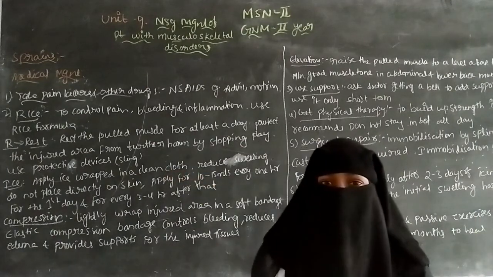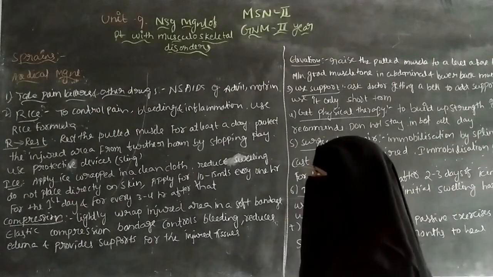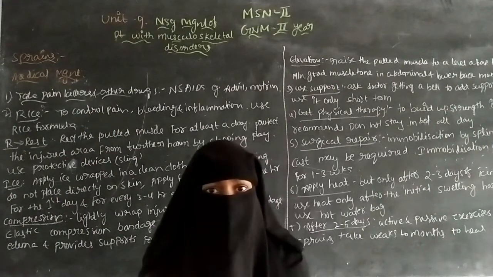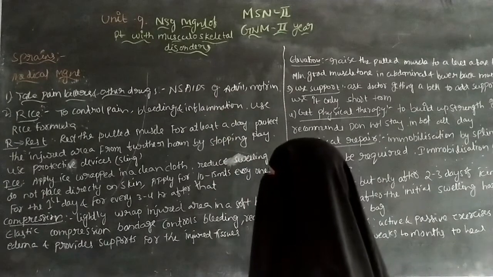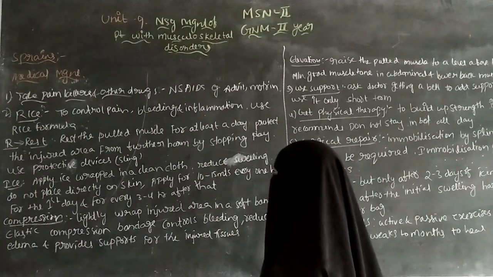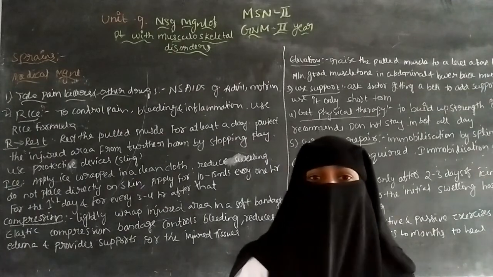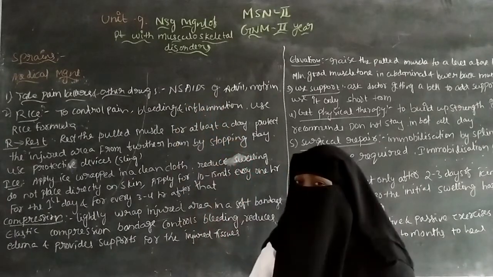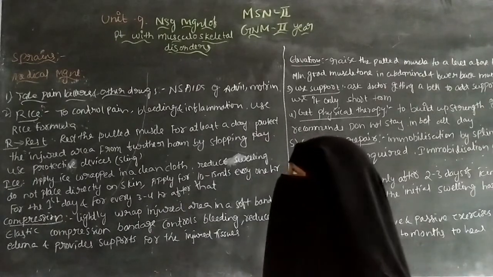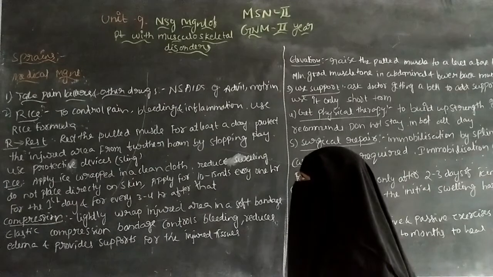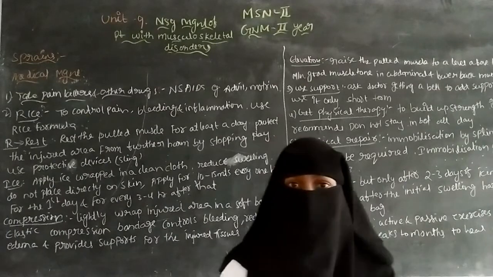Medical management includes taking painkillers and other drugs, as the patient will have severe pain and swelling. NSAIDs, non-steroidal anti-inflammatory drugs, can be administered to the patient as prescribed by the physician to reduce the pain and swelling.